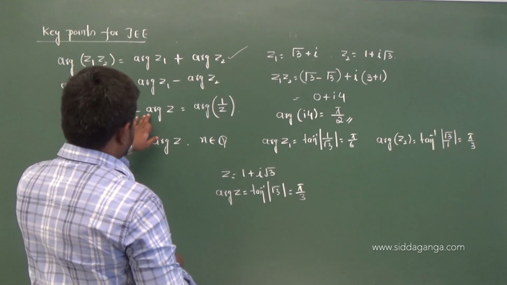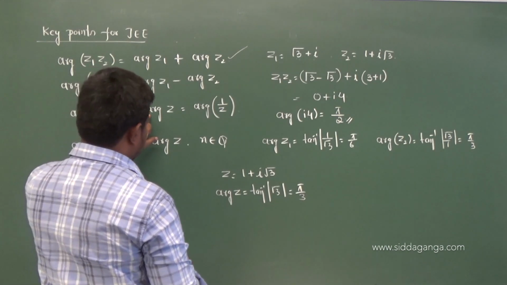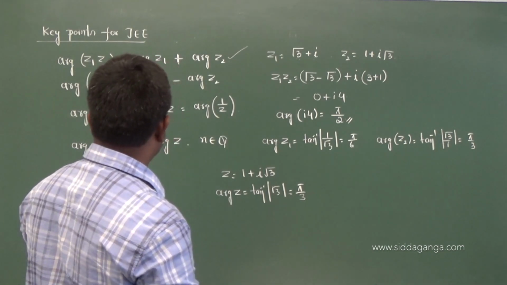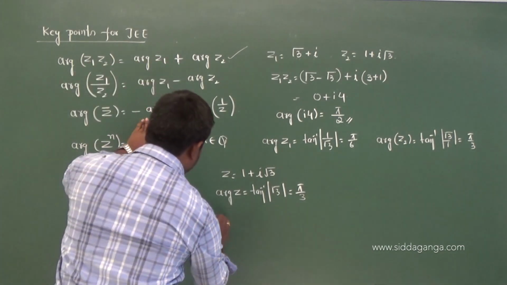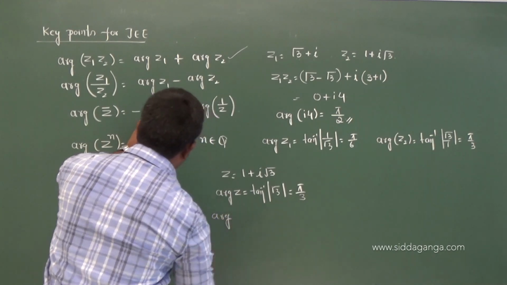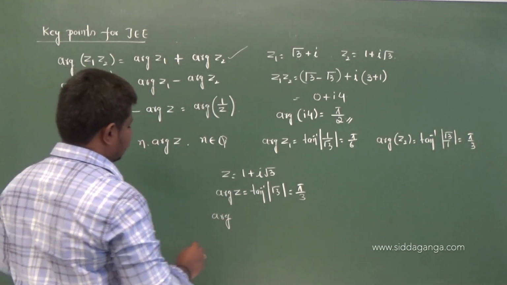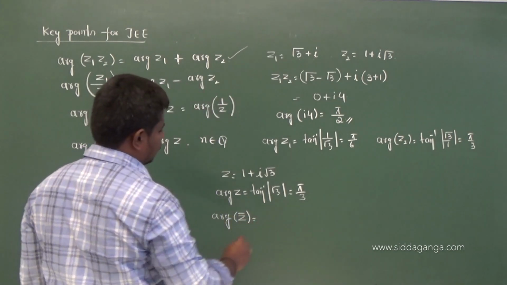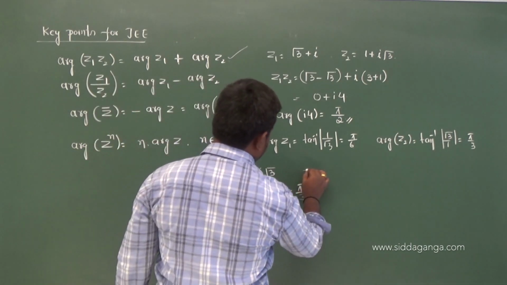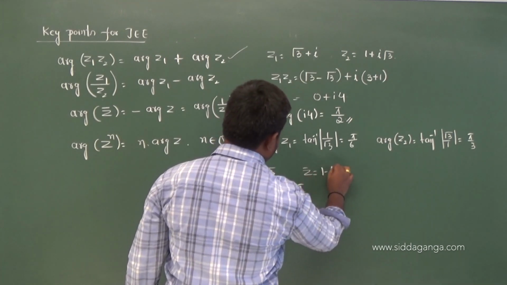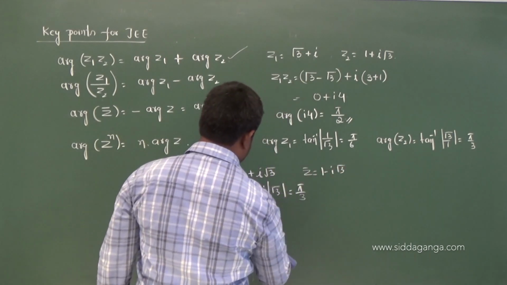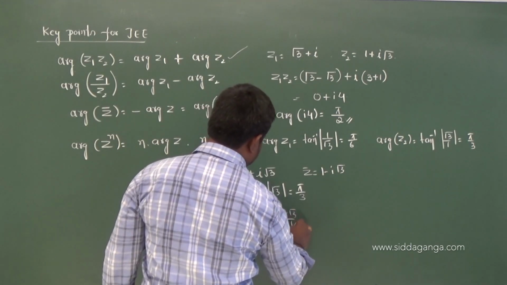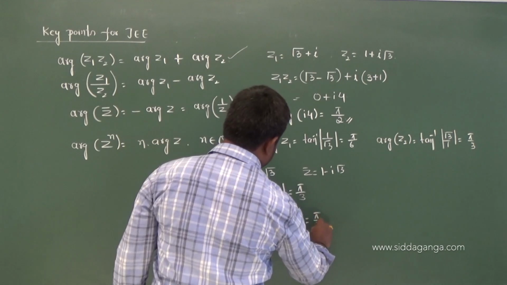Now, the argument of z we have. Then minus of the argument of z. Before that, let us find the argument of z bar. z bar becomes 1 minus I root 3, right? So, tan inverse of minus root 3 by 1 gives alpha equal to pi by 3.